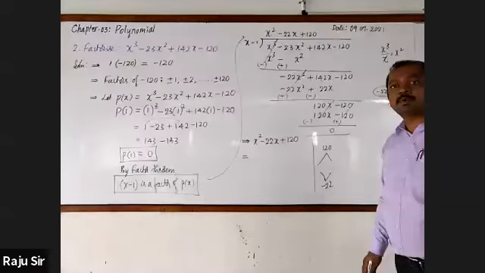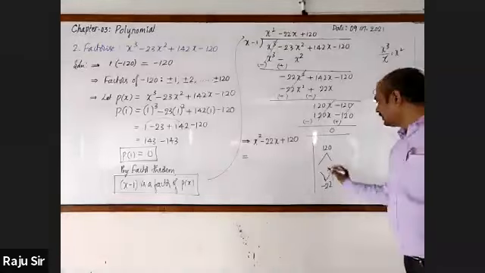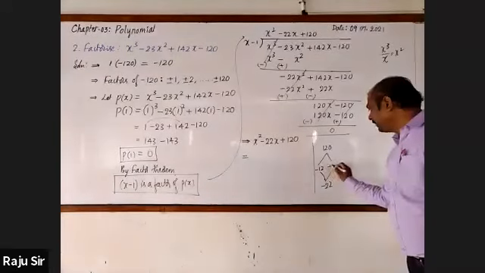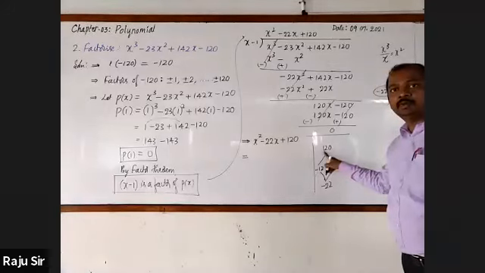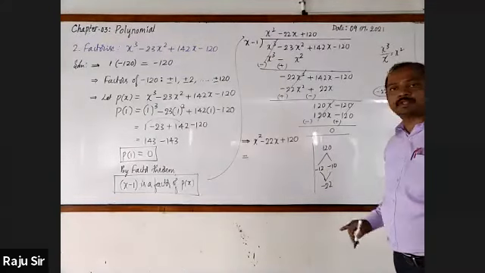Minus 12 and minus 10. Minus 12 minus 10 is minus 22. Now 12 tens are 120. Here minus into minus is plus.